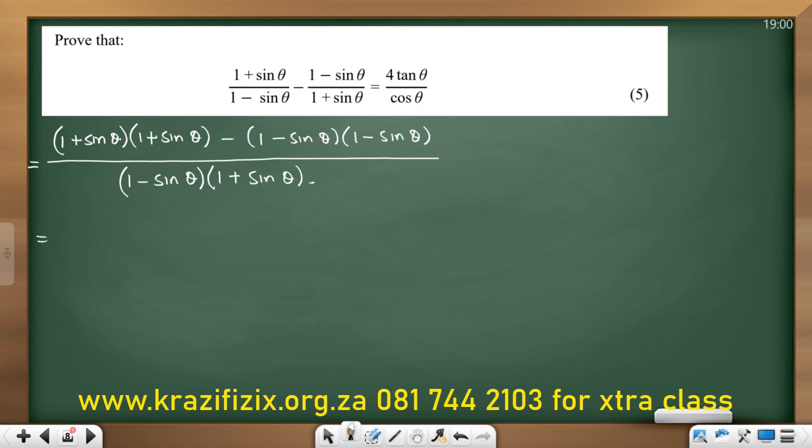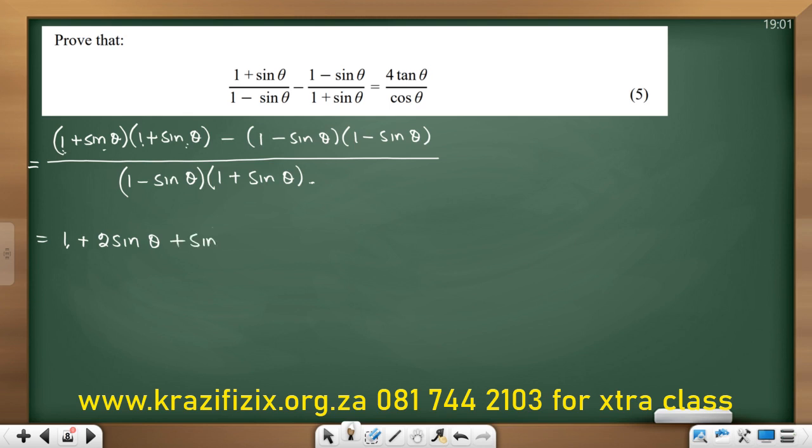All right, let's try to expand because there's nothing we can do. This is 1 plus, I'm sure we all know, 2 sine theta plus sine squared theta, because it's 1 times 1, 1 times sine theta. We're just doing our normal trinomial, foiling.